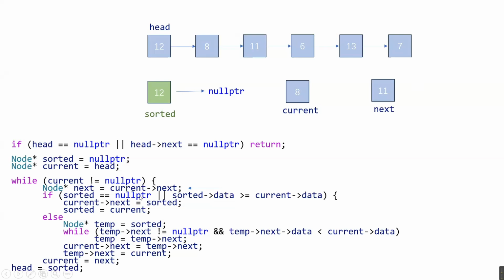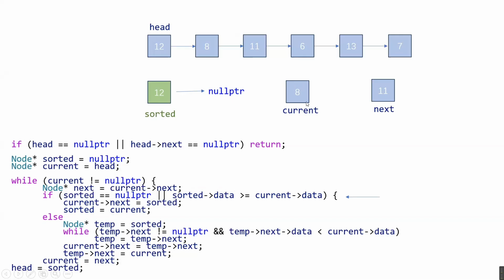So we continue to the if: sorted is equal to a null pointer or sorted data, the 12, is greater than or equal to the current data.